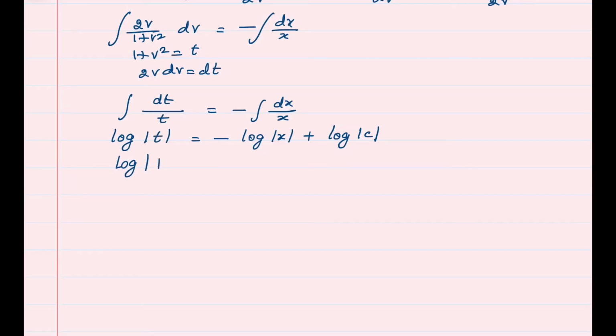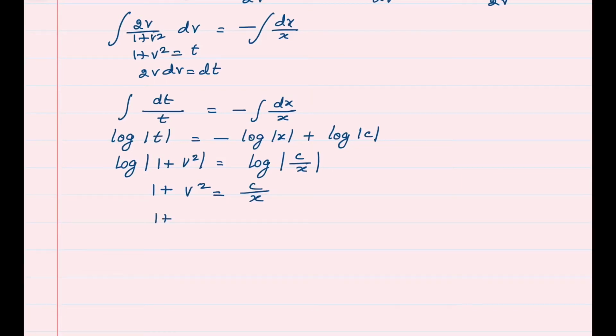T is 1 plus v square, and here we will combine these two log terms. We get log of absolute value of c by x, because log a minus log b is log of a by b. Now to remove this log function, we will raise both sides to e. E and log will get cancelled. We get 1 plus v square is equal to c over x.